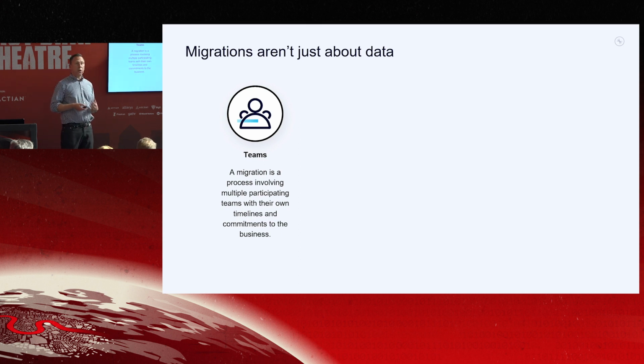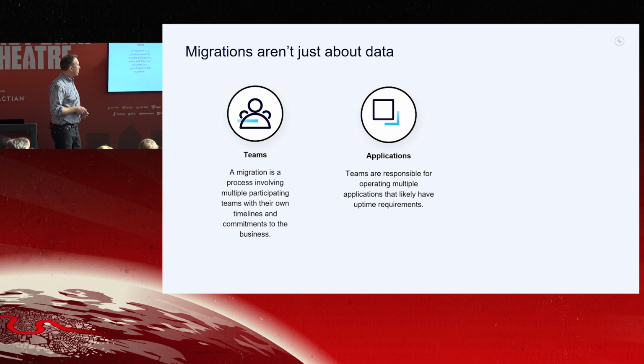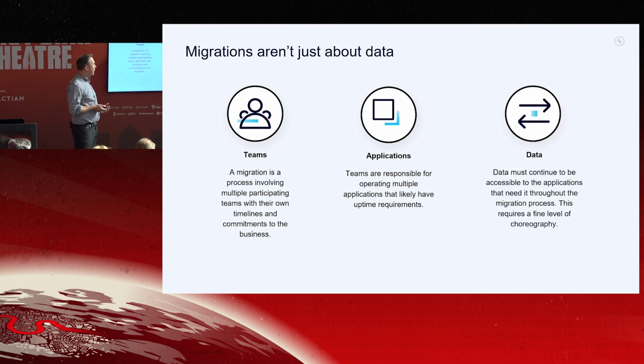These teams have their own timelines, they've got their own commitments to the business. Often the migration is one of many things that they are doing at the same time. You have applications built by those teams that have particular uptime requirements. So you can't afford to just turn things off, move some data, and then start it up again.